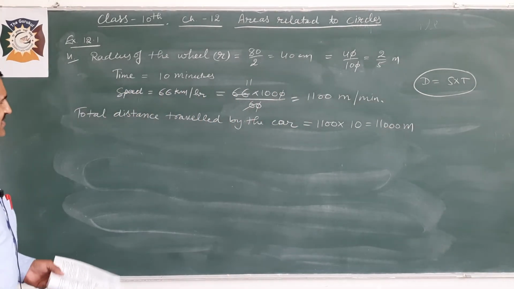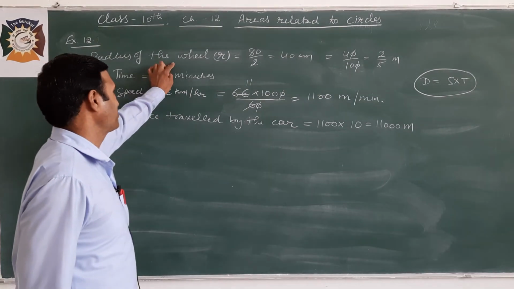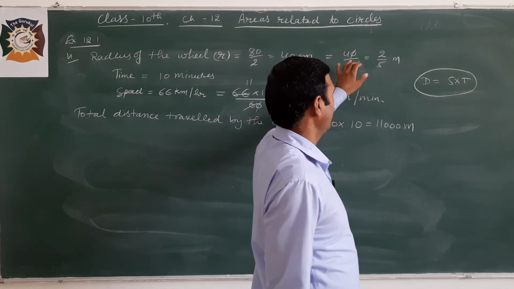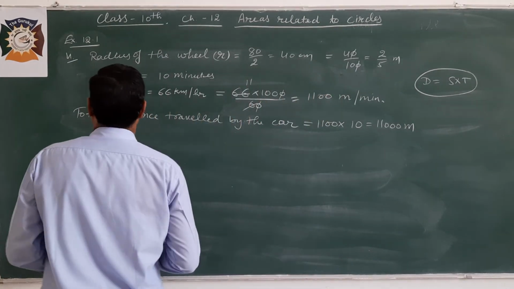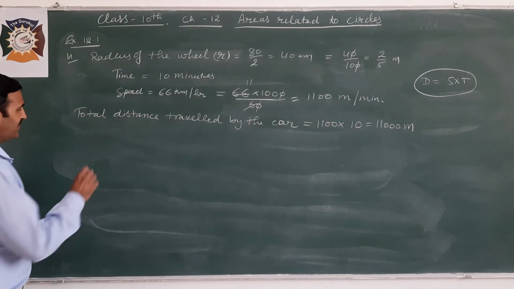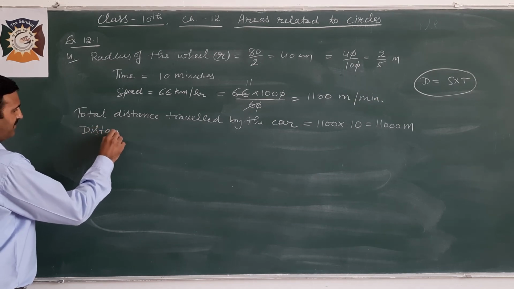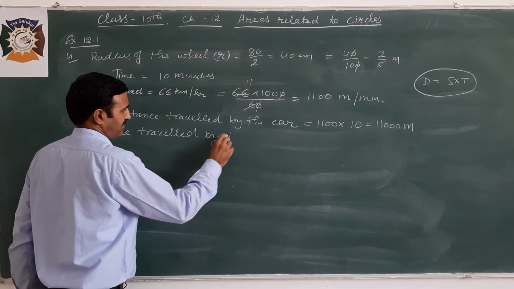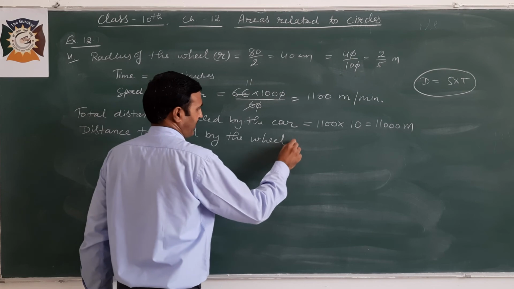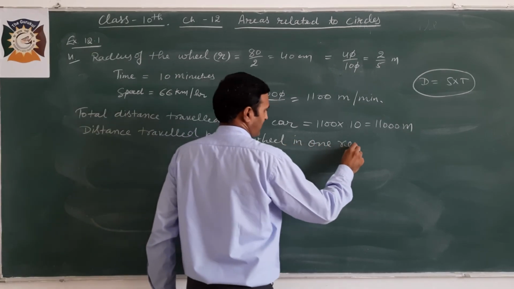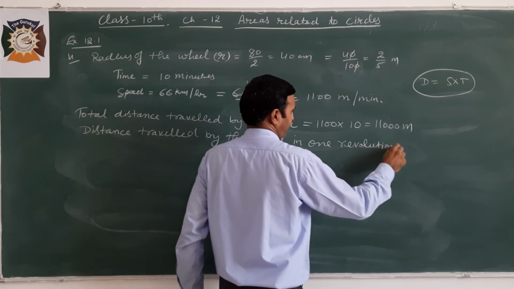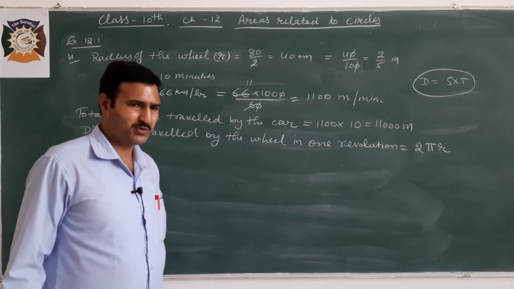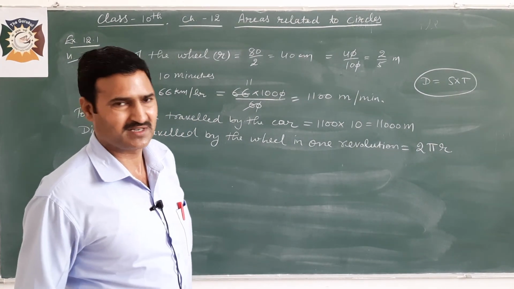And we know the distance traveled by the wheel in one revolution is equal to its circumference. In one round it will cover distance equal to its circumference. So distance traveled by the wheel in one revolution is equal to its circumference. In one round any wheel covers distance equal to its circumference.